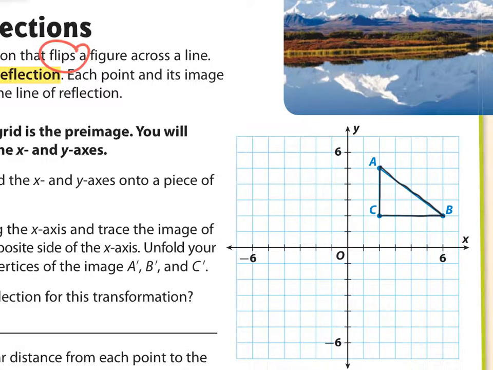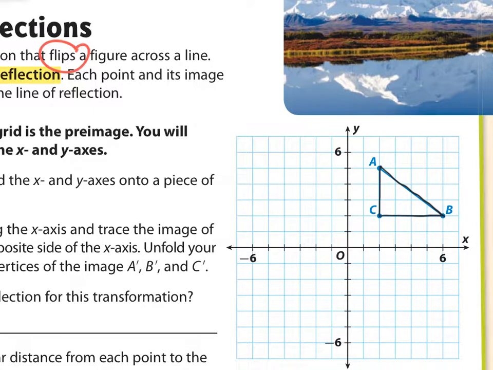Okay, so if I draw a line connecting our image and our pre-image, I get something like this. All these points, from A to A prime, from B to B prime, and from C to C prime, are the same distance to the mirror as each other, which is super important. So that's if you use the y-axis as the mirror.